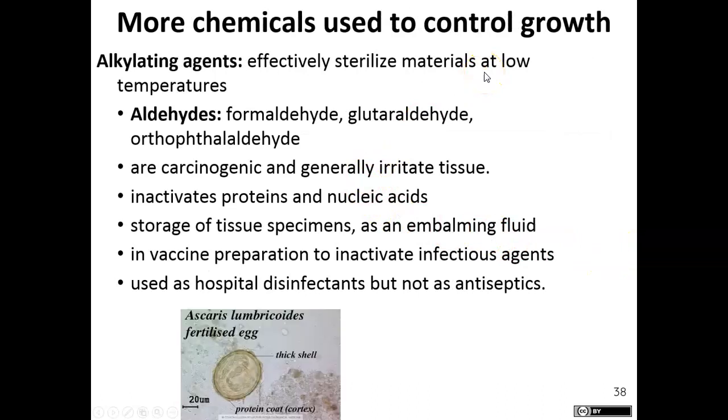Alkylating agents are chemicals that contain groups known as aldehydes. And so formaldehyde, glutaraldehyde, orthophthalaldehyde are all types of alkylating agents.